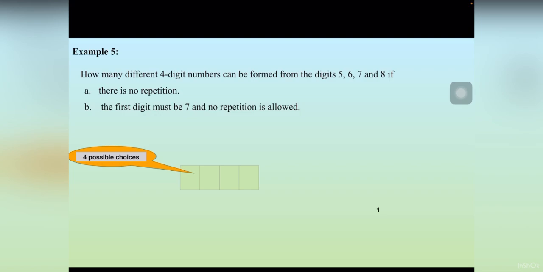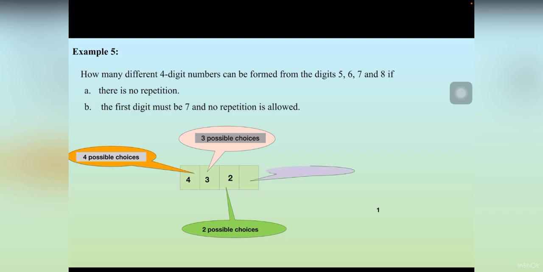After taking 1, the second box has 3 possible choices. Then, with 2 already taken, the third box has 2 possible choices, and for the last one we have 1 choice. So the number of 4-digit numbers is 4 factorial, or 4 times 3 times 2 times 1 equals 24.